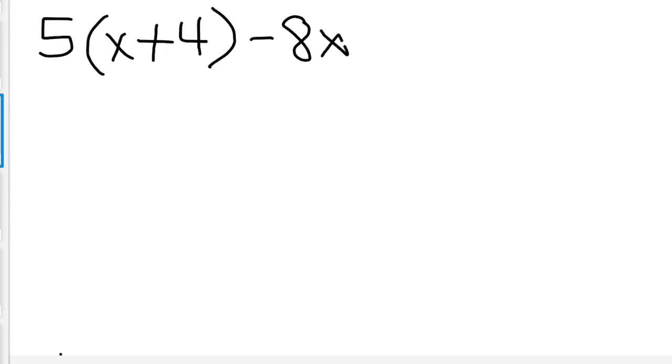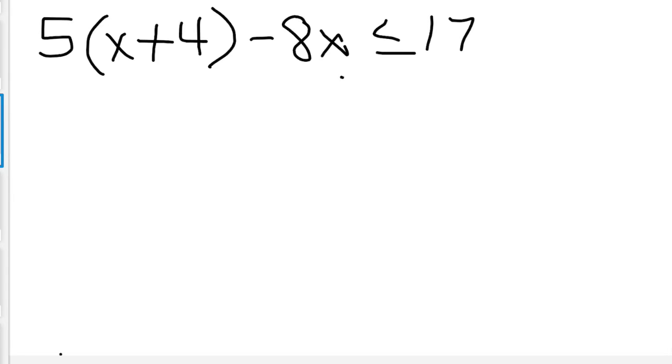All right, so let's look at another example together. This example is several steps, but we did so many problems like this when we did equations. So we're just bringing back what we were doing with equations. We've got 5, open parentheses, x plus 4, close parentheses, minus 8x is less than or equal to 17.